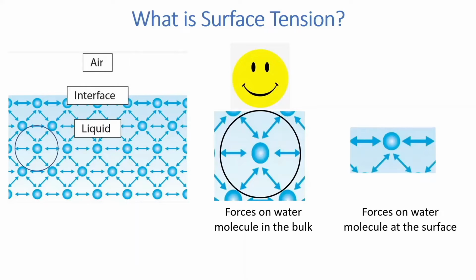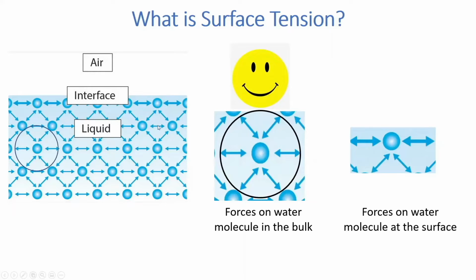Now if you consider a water molecule at the surface, that is at the interface of the liquid and air, you'll see that it has fewer neighboring molecules. It does not have any neighboring molecules at the top. So thus it is experiencing a net inward force.